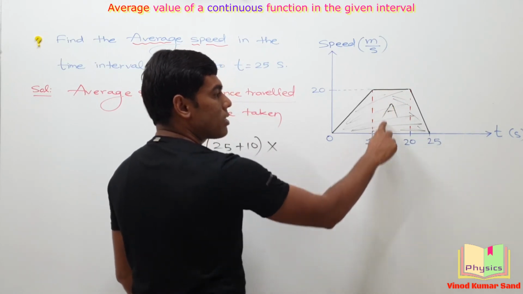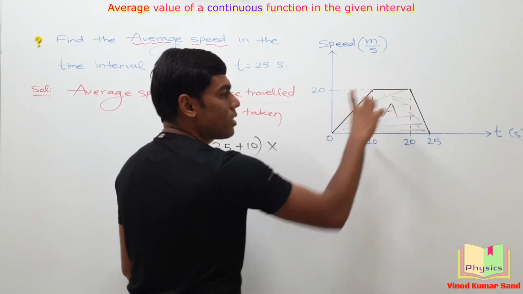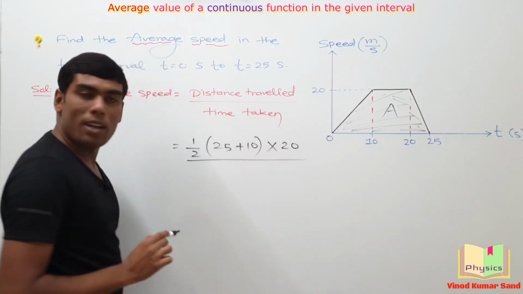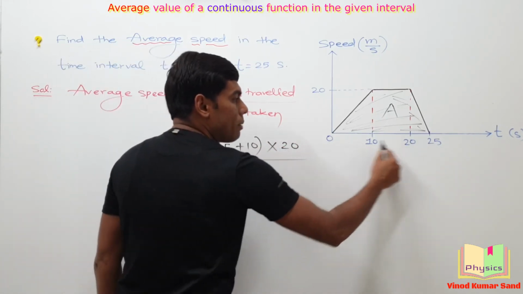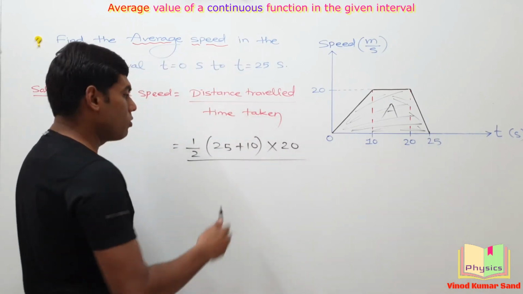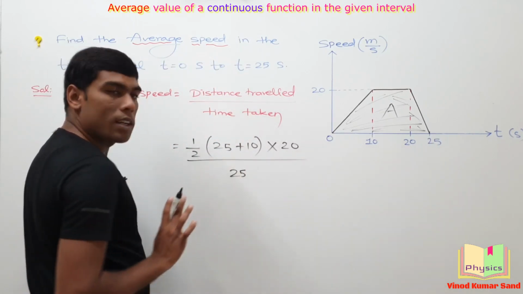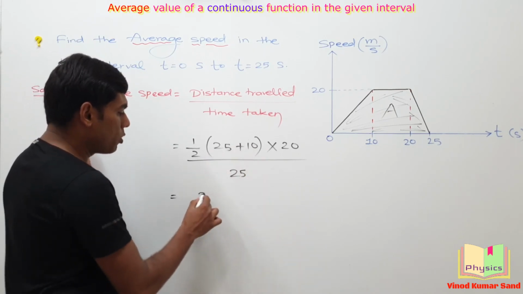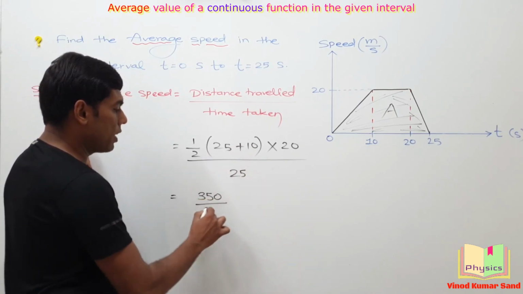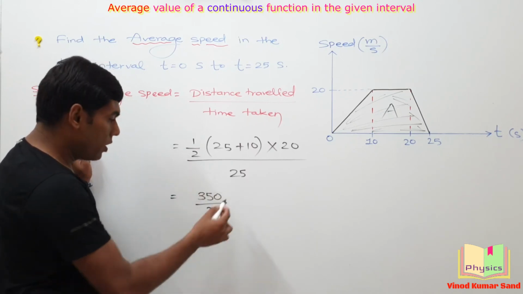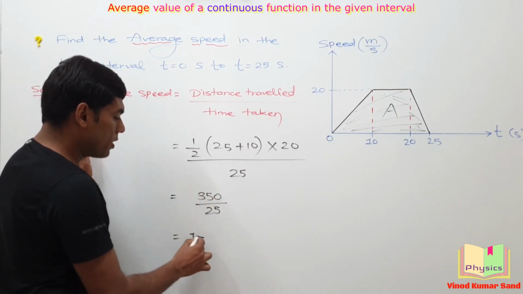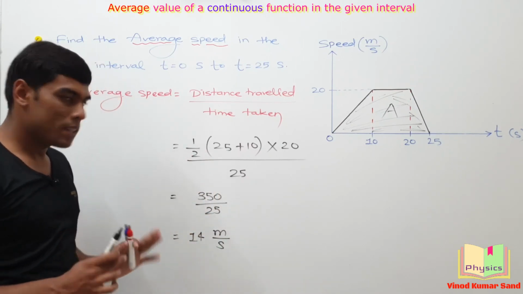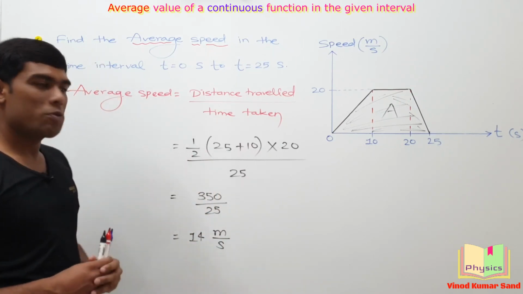The perpendicular distance between these two sides is 20 divided by the time taken in this journey. Total time taken in this journey is 25 seconds. Getting it? We can simplify it further. It will come out to be 350 divided by 25, and on simplifying that it will become 14 meter per second. Okay, this was the last question of this video.